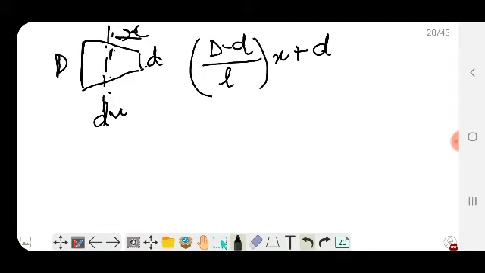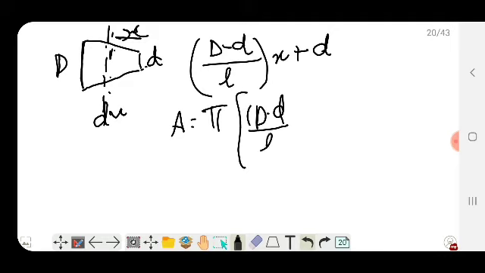And for area, it will be pi times this, (D minus d) by L times x plus d, whole squared.